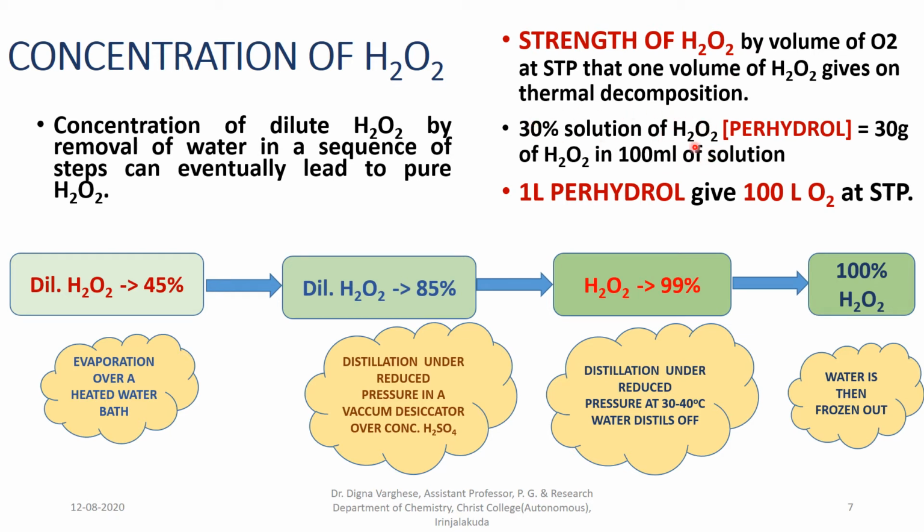A 30% solution of hydrogen peroxide means 30 gram of hydrogen peroxide in 100 ml of solution. This 30% solution is marketed as perhydrol. 1 liter of perhydrol gives 100 liter of oxygen at standard temperature and pressure.